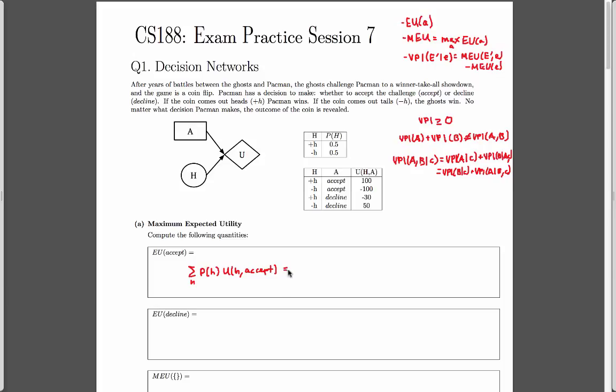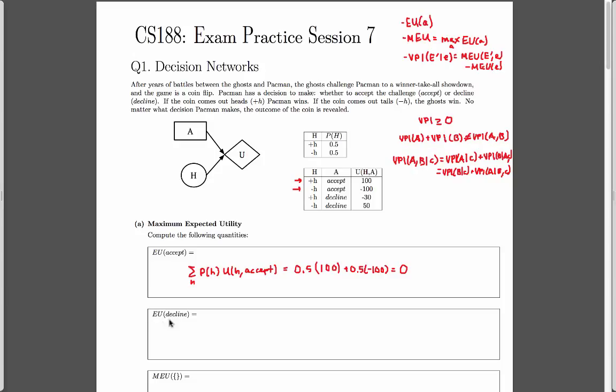And so what you get is 0.5 times 100 in the case that it comes out heads, and then 0.5 times negative 100 in the case that it comes out tails. And so if you do some algebra, this comes out to 0.